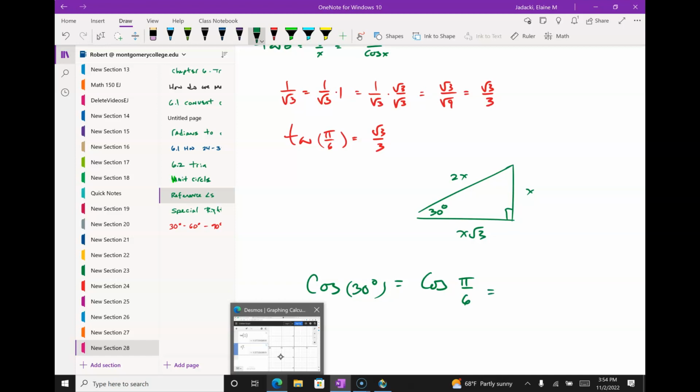It's x rad 3 over 2x. Adjacent over hypotenuse, adjacent meaning the side touching the angle that's not the hypotenuse, over the hypotenuse. So what cancels there is the x's, and I get rad 3 over 2.